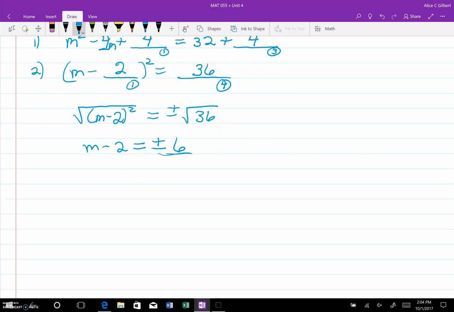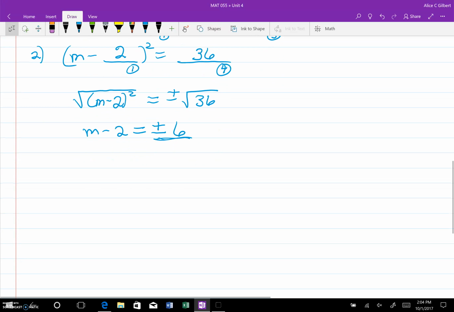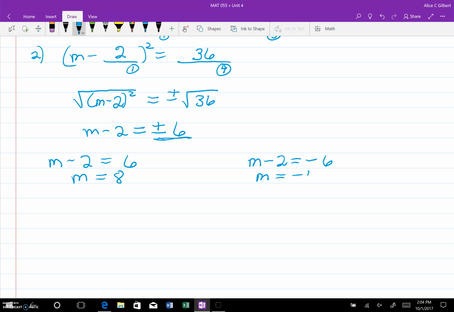Whenever I get a whole number over here, right away, split this into two different equations. One is with the positive 6, the other's with the negative 6, and now solve these. Add the 2 to both sides, and I get m equals 8. Add the 2 to both sides, and m equals negative 4. And so then I get m equals negative 4 or 8.